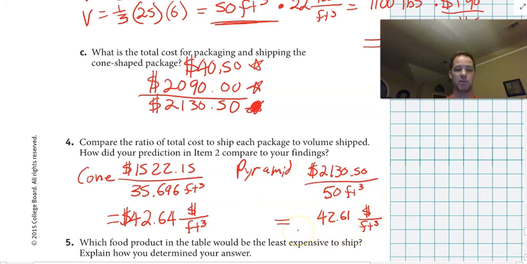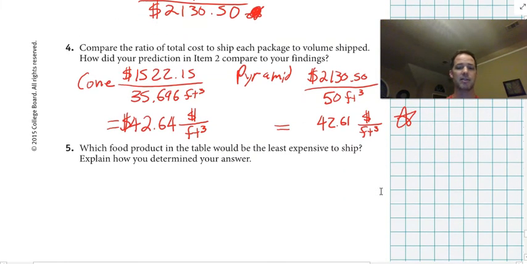So $42.64 versus $42.61, this one is slightly cheaper. You're saving 3 cents per cubic foot, actually. And if each one of these containers is 50 cubic feet and you ship out a bunch of them, then that would be a substantial savings. 3 cents for every cubic foot.